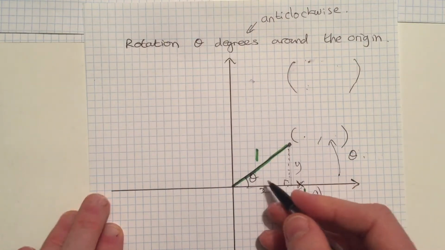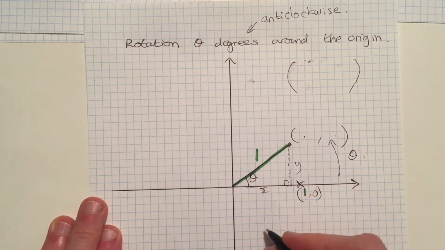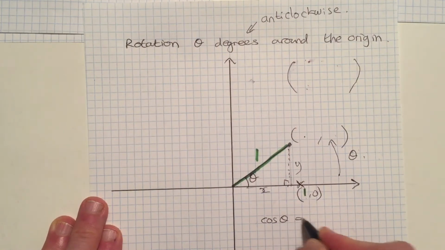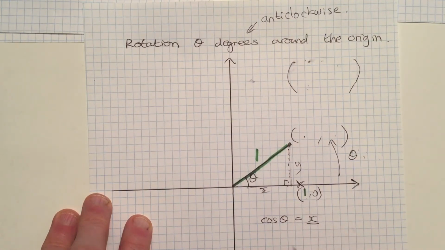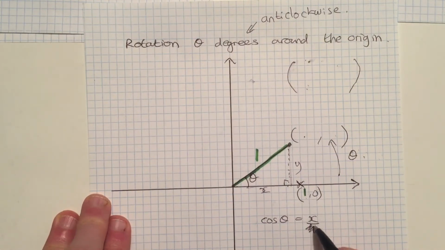I can do a little bit of trigonometry here. I could say that cos theta is the adjacent, which is x, divided by the hypotenuse, which is 1. And obviously x divided by 1 is just x. So I've worked out that the x coordinate here is just going to be the same as cos theta.